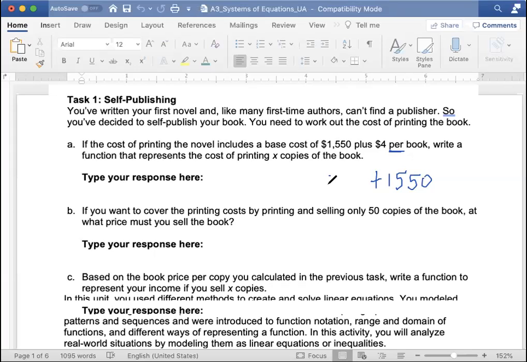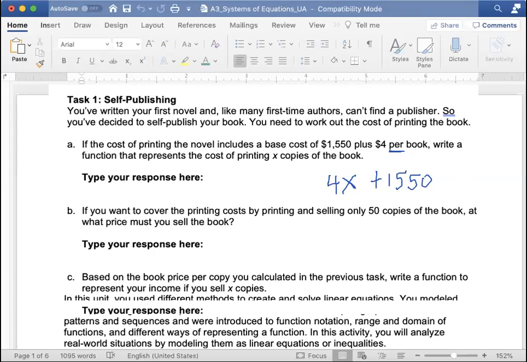And $4 per book, 4 times B. Oh, X copies. I used B for book, but they're saying it's X, so I'm going to make that an X instead of a B. $4 per book for X plus the flat fee of $15.50.